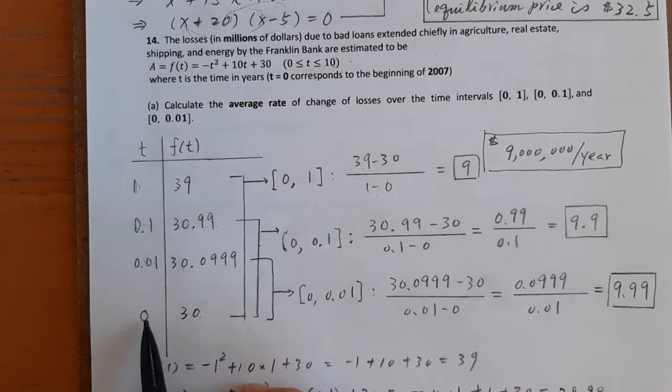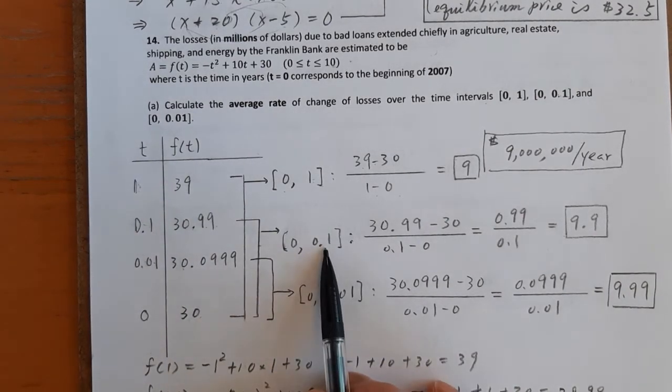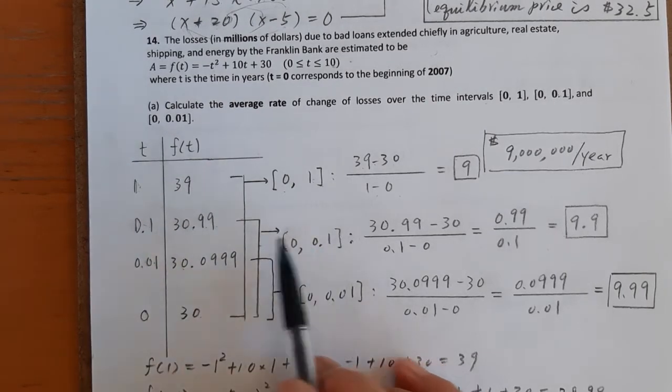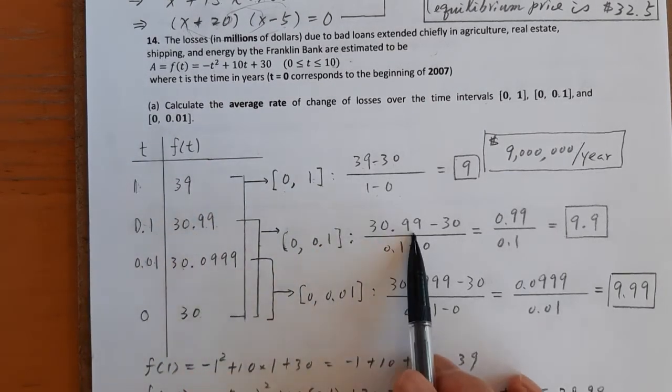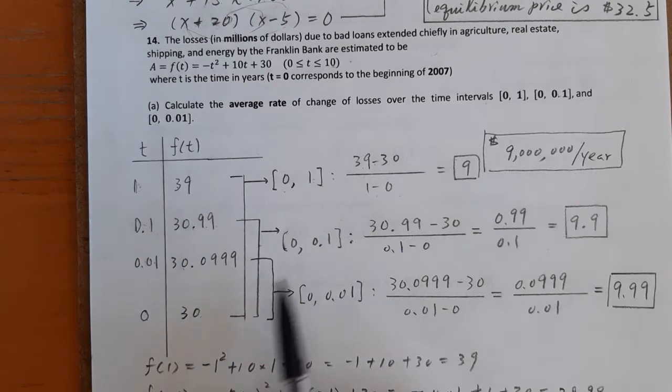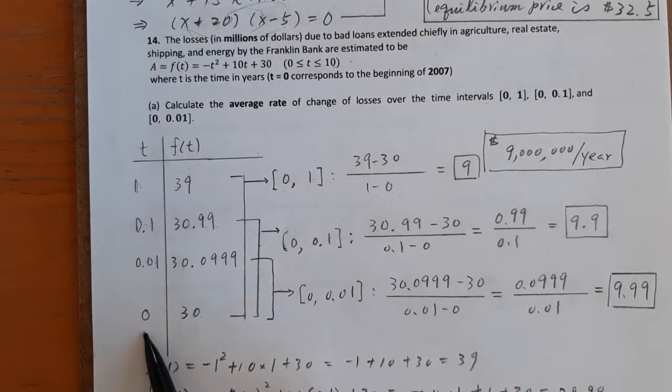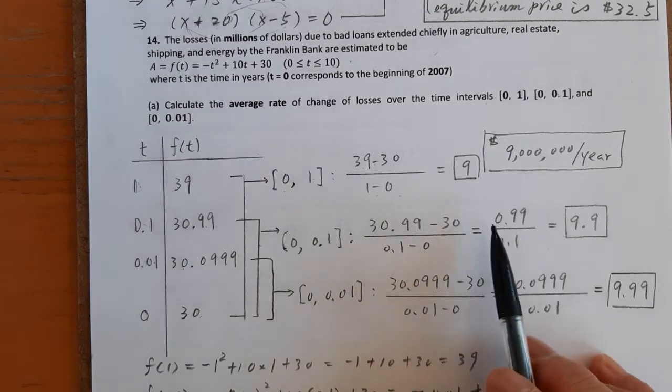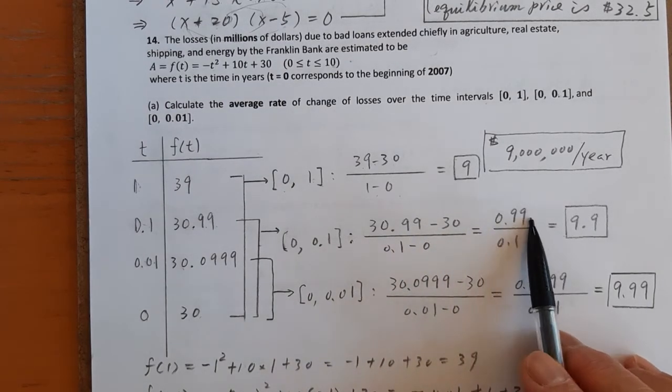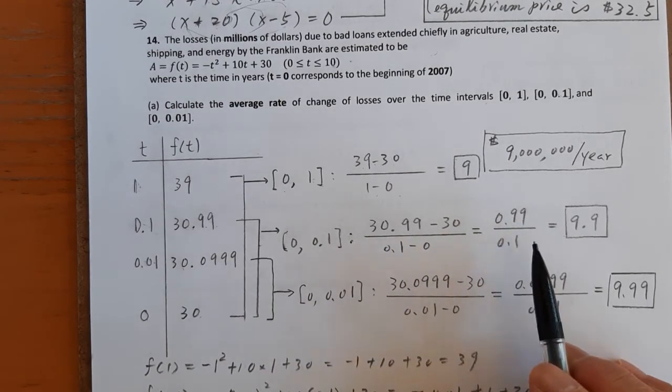Second one, from 0 to 0.1, second interval. So you do f of 0.1, which is 30.99, minus f of 0, which is 30, over 0.1 minus 0. The subtraction is 0.99 over 0.1.